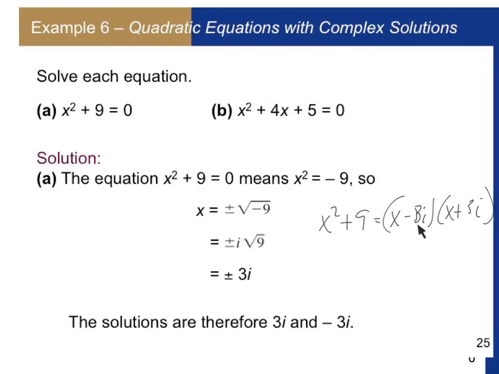So we take x minus one zero, which is plus 3i, and then x minus the other zero, which is x minus a minus 3i, and we get our factors. Remember using our factor theorem? So we can actually factor this using complex numbers. All right, and the next one, x squared plus 4x plus 5, we'll look at on the next slide.